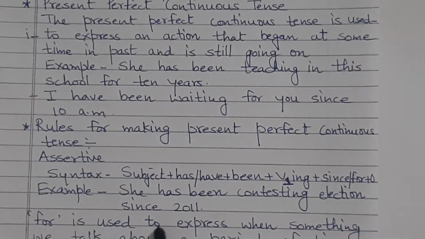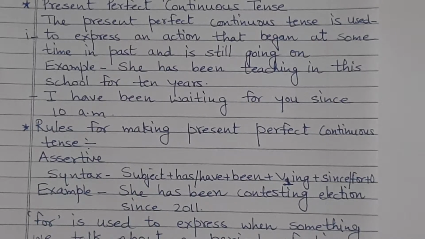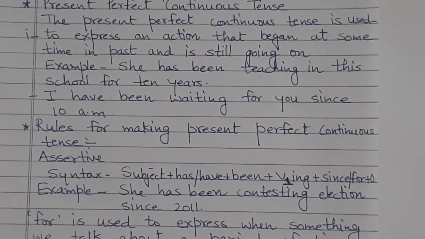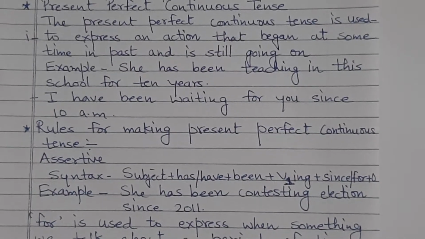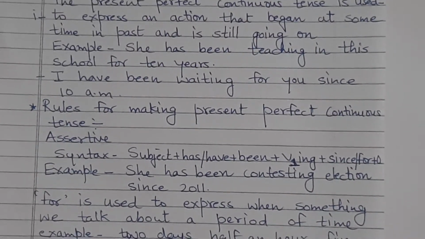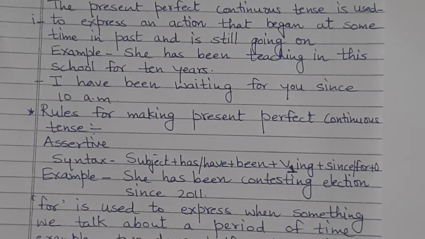Students, for is used when we talk about a period of time. For example, for 2 days, for half an hour, for 5 years, etc. For is used for a period of time, not fixed.